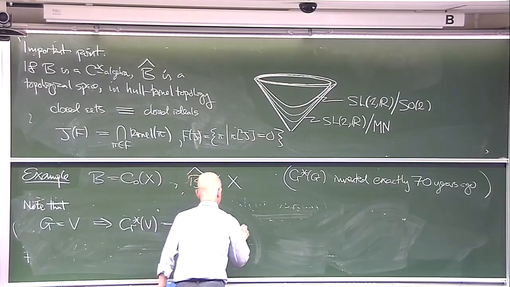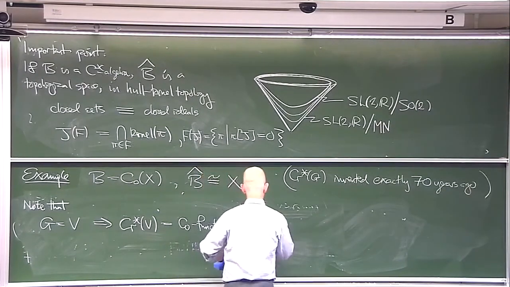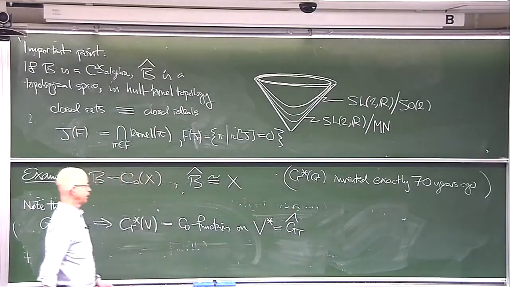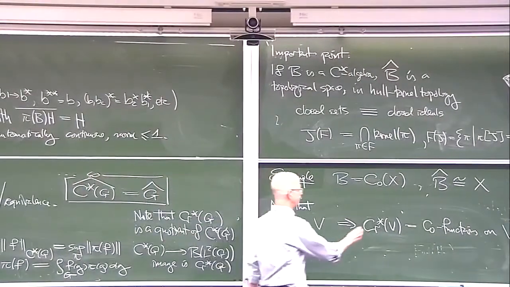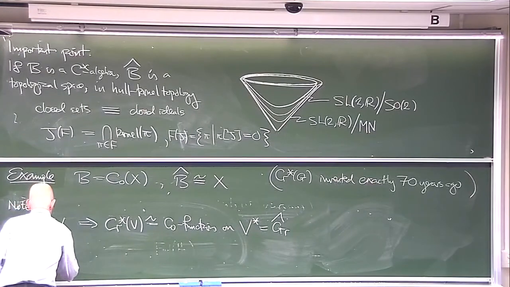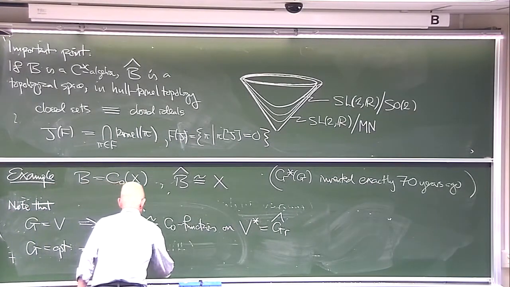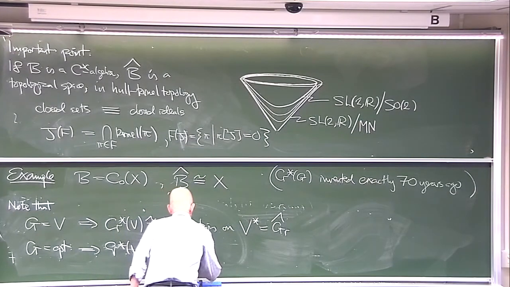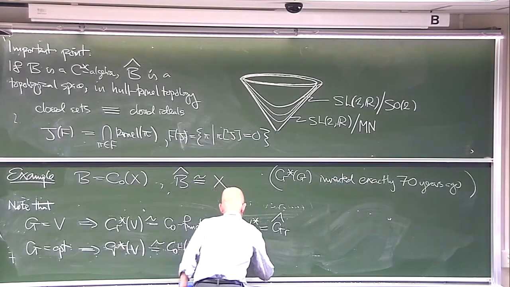So another way of saying this is that the C-star algebra is isomorphic to functions on the reduced dual, and the same thing is true for compact groups, except that the functions are a little bit more complicated. They're operator-valued functions.